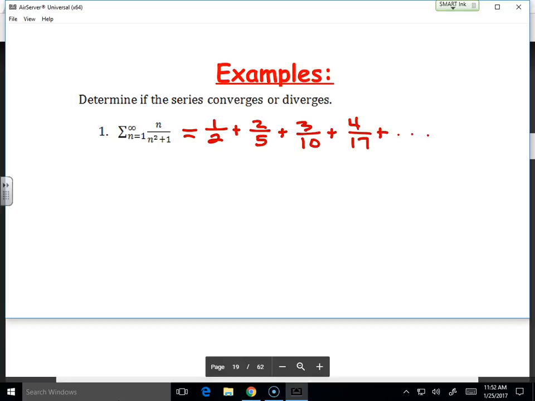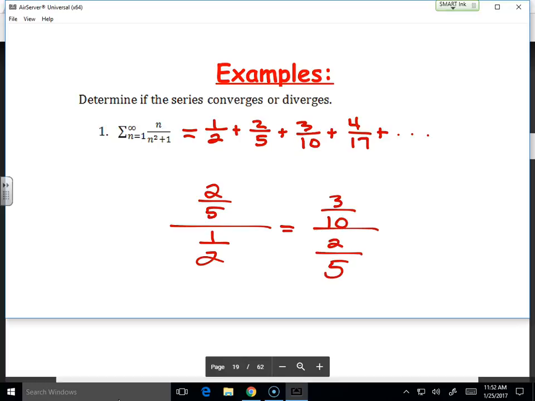Doesn't it appear? And not even appear, how can we tell for sure? Do you remember? Geometric, you have to be able to say that the proportions are equal. True? The proportion of what gets multiplied from 1/2 to 2/5 has to be the same thing as multiplied from 2/5 to 3/10.